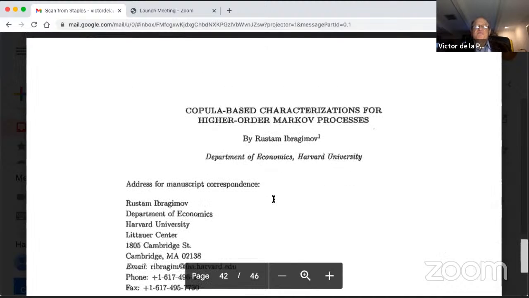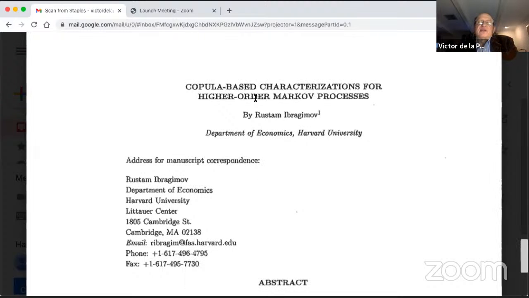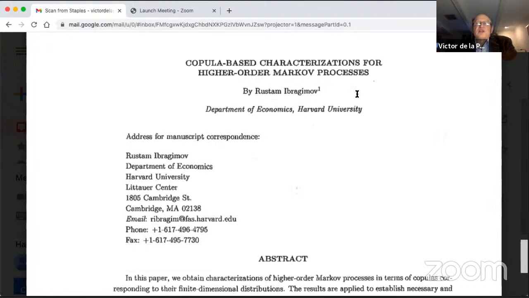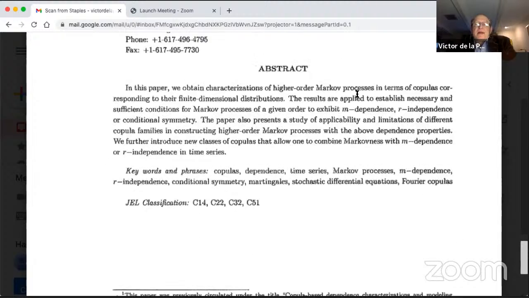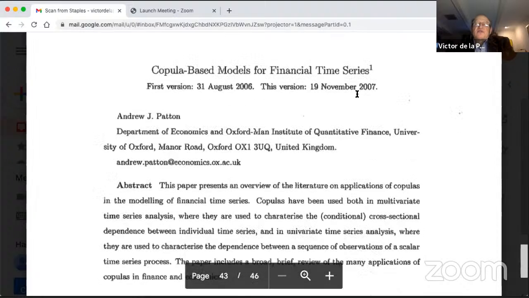Now, there has been a lot of activity in the development of copulas. One of my co-authors, Rustam, who was co-author on the previous paper, wrote a paper on characterization for higher order Markov processes using copulas. There are copula-based models for financial time series by Andrew Patton.